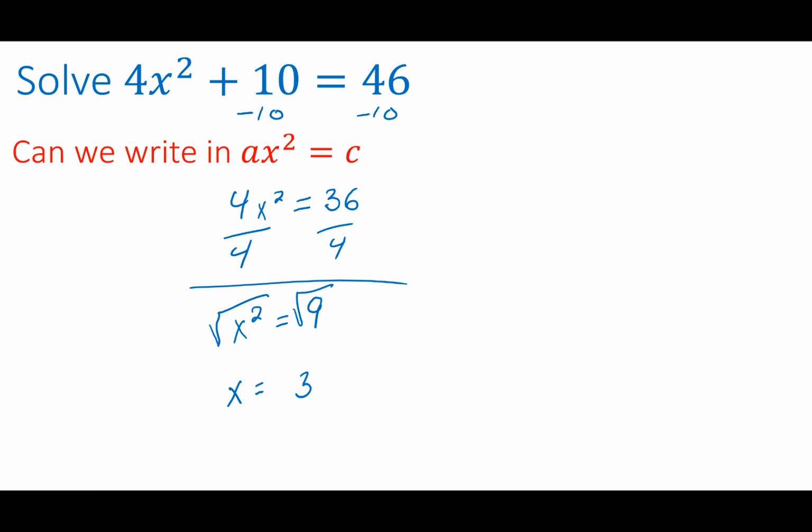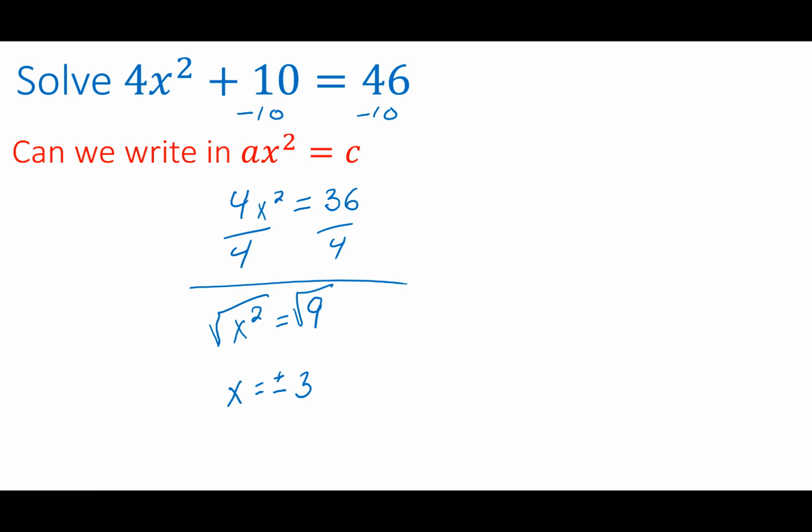But that is not a complete answer. Why? Is 3 my only solution? Yes or no? No. What could be the other solution to this? -3. Okay? So this could actually be plus or minus 3.